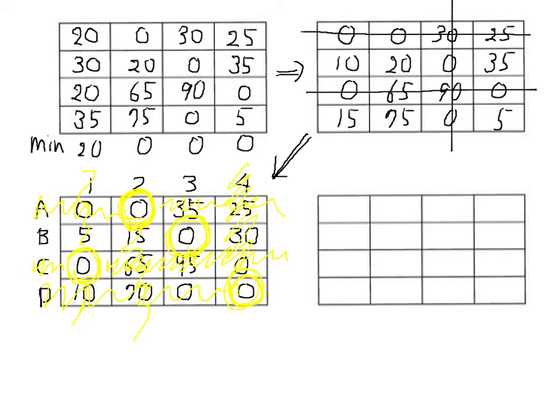Now I can write down the matchings. A is going to go to retailer number 2, B will go to 3, C will go to 1, and D will go to number 4.